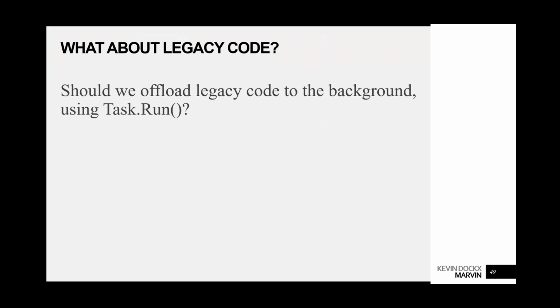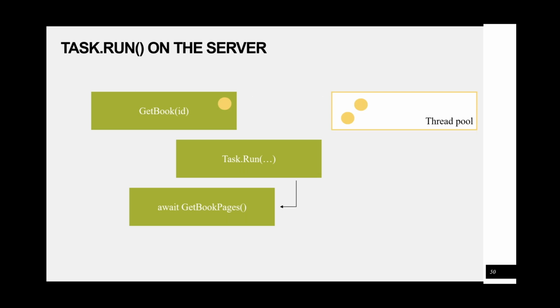So, should we offload code like this, legacy code, to the background using Task.Run? And remember that this is a pretty heavy algorithm. It's 5 seconds of full CPU load. Well, to answer that question, we're going to look at what actually happens when we use Task.Run on the server. So this is a bit of pseudocode.